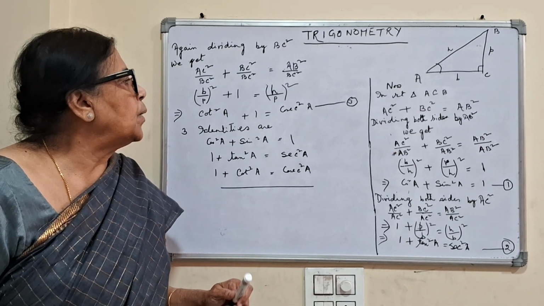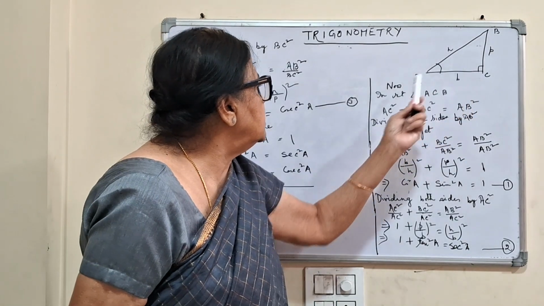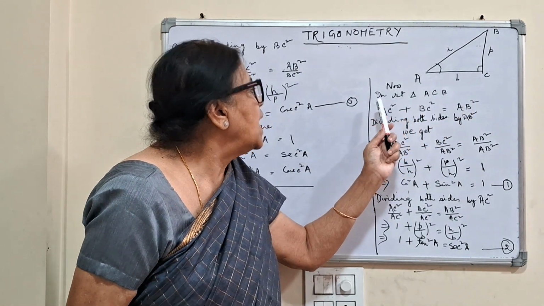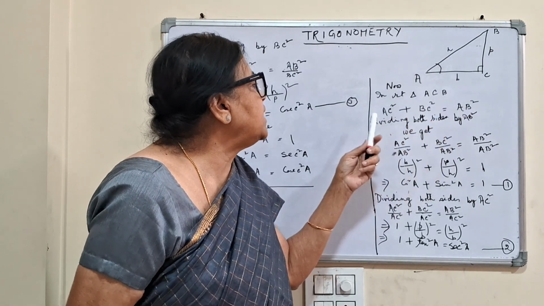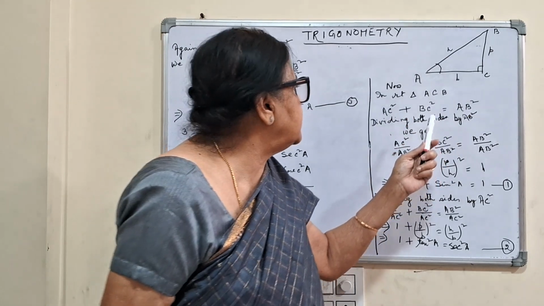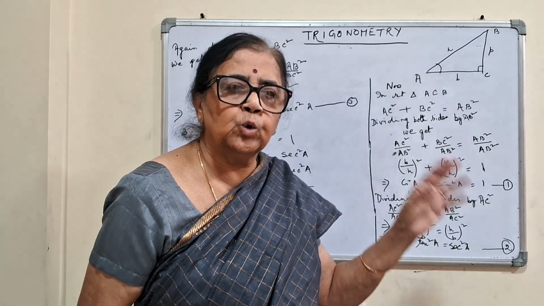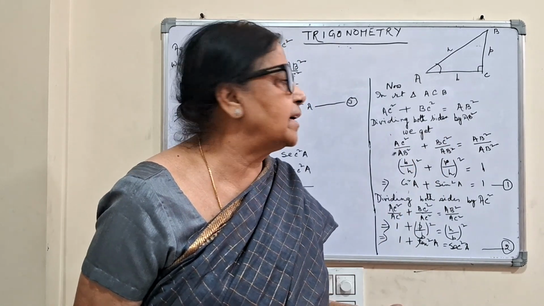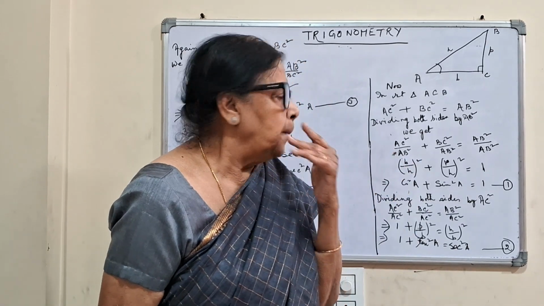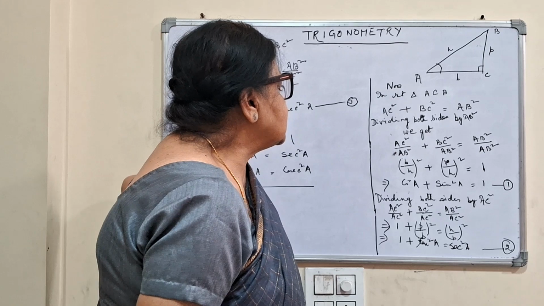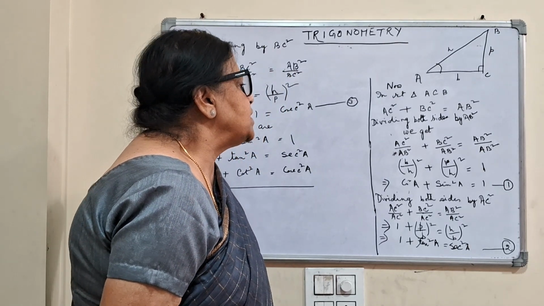Okay. Now, I'll repeat again. In right triangle ACB, AC square plus BC square is equal to AB square by Pythagoras theorem. The sum of the squares of the two sides containing the right angle is equal to the hypotenuse square. Now I divide by AB square both the sides.